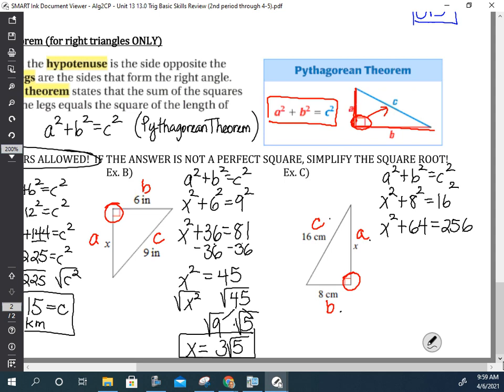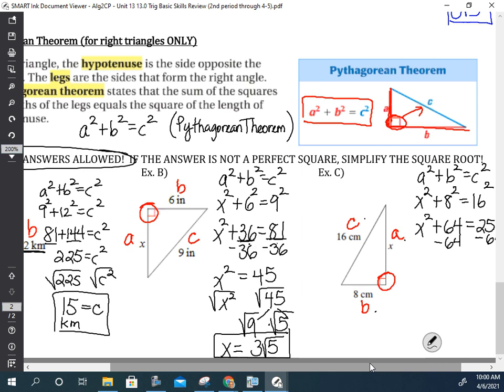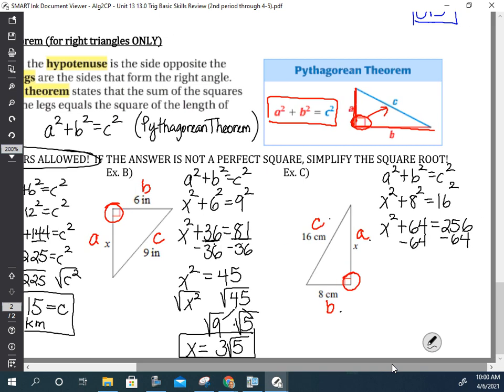So example C is just like example B. If both of your numbers are on different sides of the equal sign, you subtract. If they're on the same side, you add. So x squared equals 256 minus 64, which is 192.